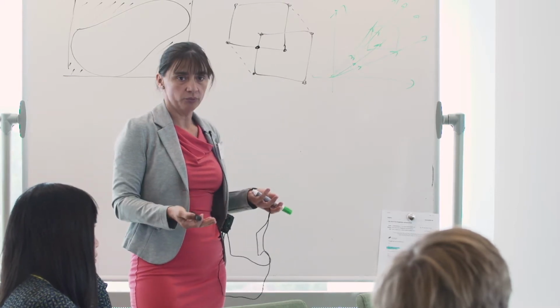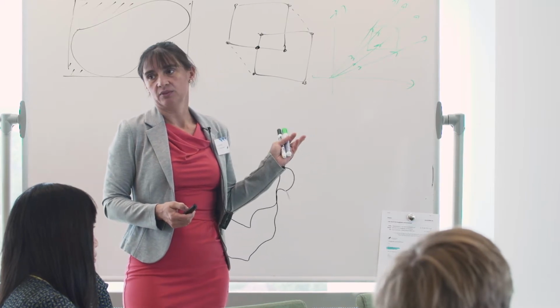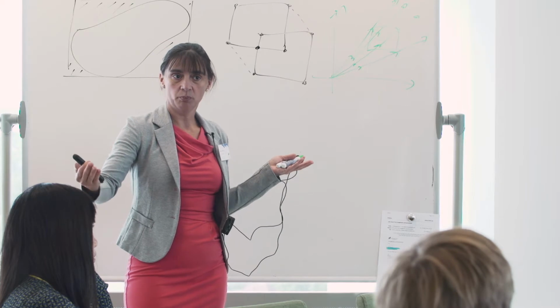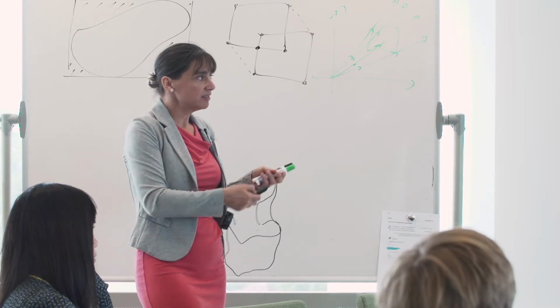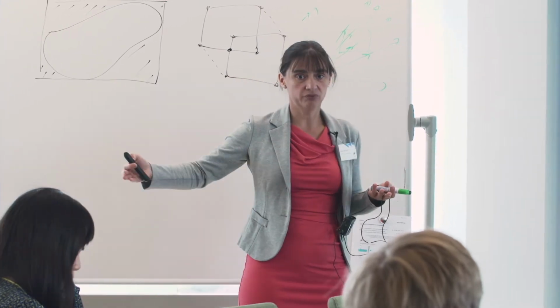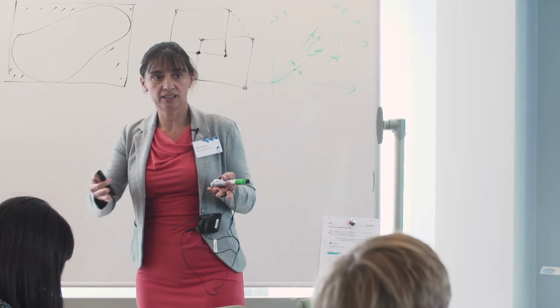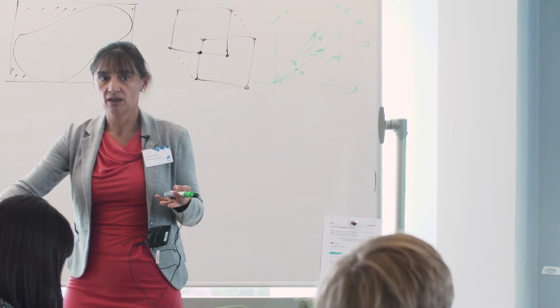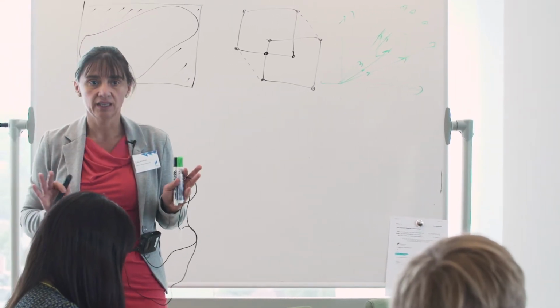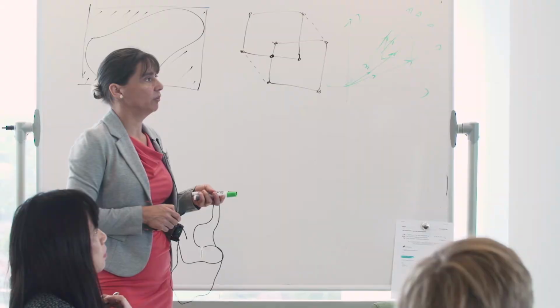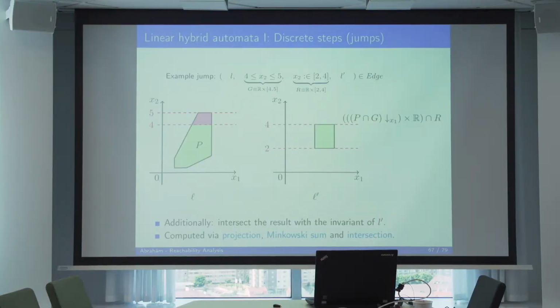And because it is forward computation, for this class of systems, it is unrestricted in time duration per location, but it is restricted in the number of jumps because, of course, I cannot do it forever unless I find a fixed point by remembering the sets that I have reached before, and then if my new set is included in those, then I can stop, do not need to compute successors for that. But fixed point detection is very expensive, so that is another question. Basically, it is what we call jump-bounded computations.